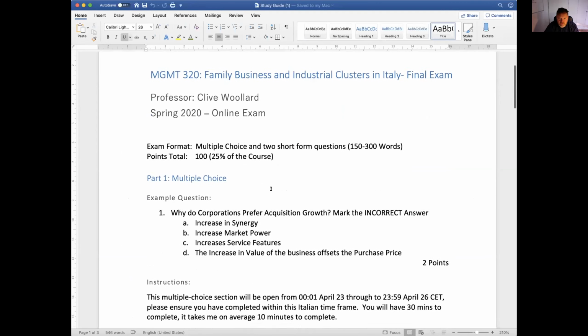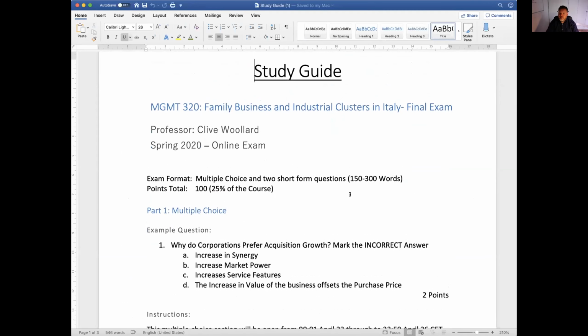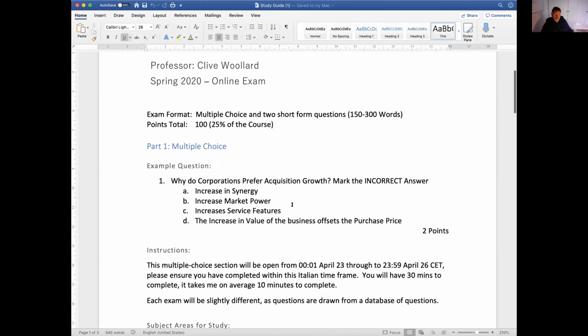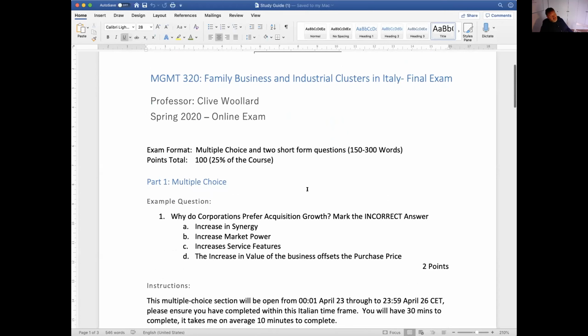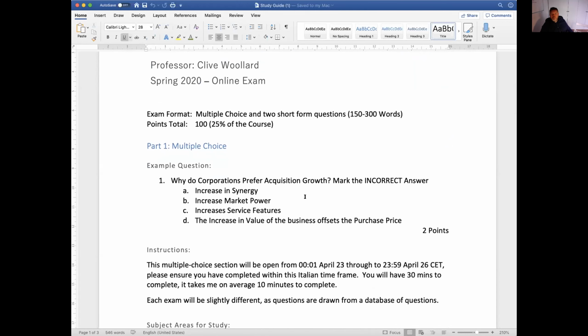Okay, so we're going to run the exam online, so there's going to be two parts to the exam: a multiple choice part and two short form questions. The way that I've formatted this exam is to take quite a few of the questions we've asked you through the course, plus add a load more questions, and make quite a big question bank.